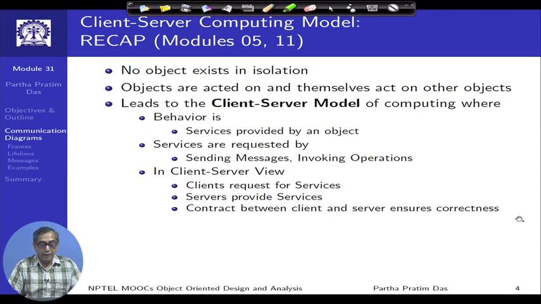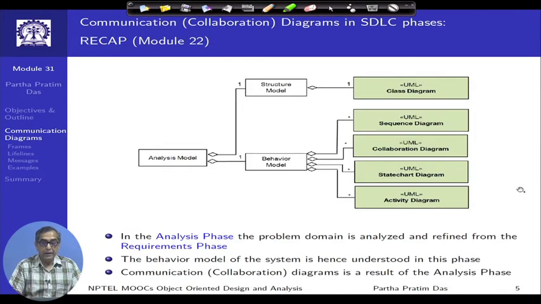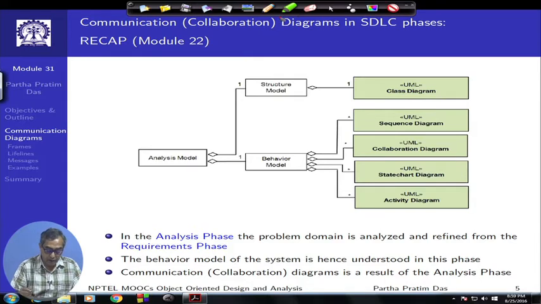I would just like to remind you that for understanding this module well, you should be well versed with the client server computing model, which we had discussed earlier. Note that we often refer to it as a collaboration diagram also, because as history goes, in the UML version 1.x, somewhere in the middle, this diagram was introduced as a collaboration diagram.